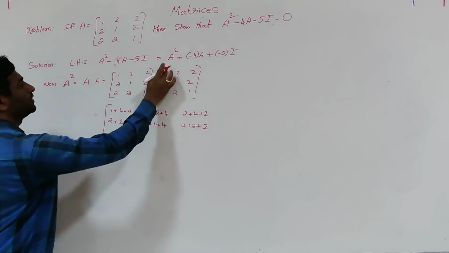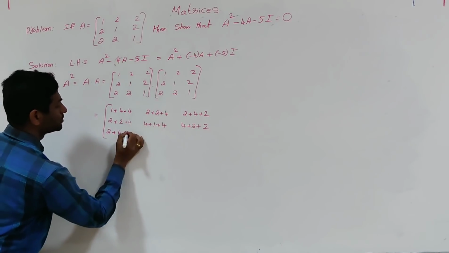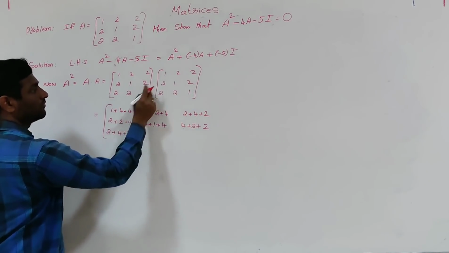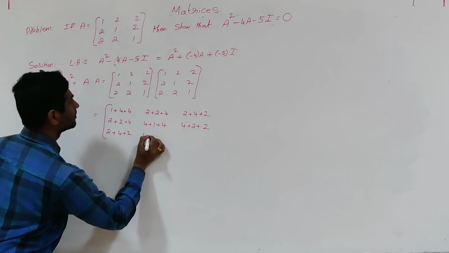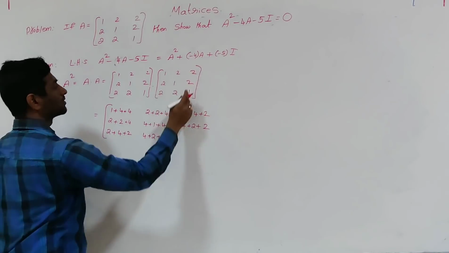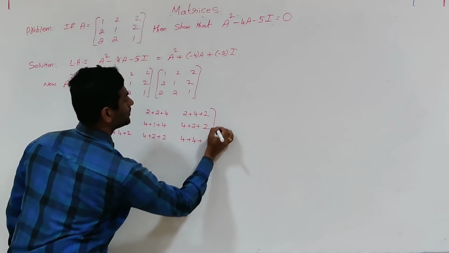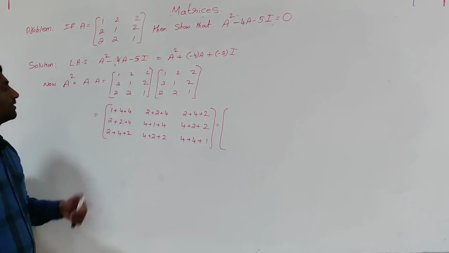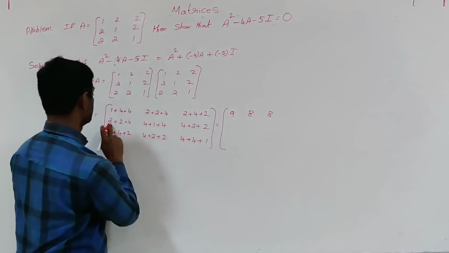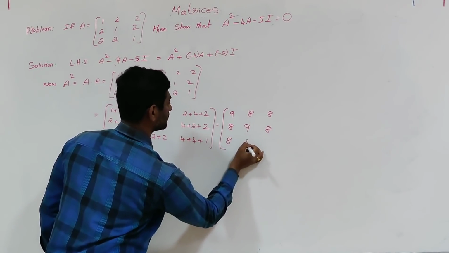You will see 2 into 1, 2, plus 2 into 4, plus 1 into 2, 2. Next, third row with second column: 2 into 4, plus 2 into 1, 2, plus 1 into 2, 2. Next, third row with third column: 2 into 2, 4, plus 1. It gives 1 plus 4 plus 4, 9, 8, 8, 8, 9, 8, 8, 8, 9.